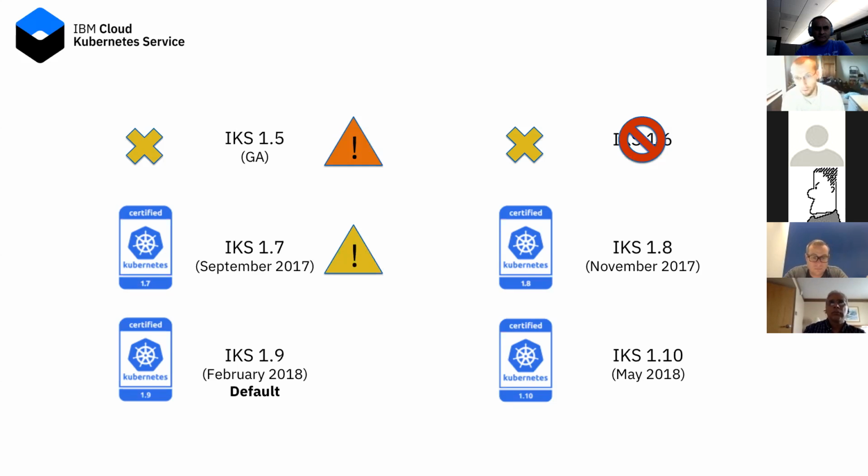I have a warning icon next to some of the releases. In particular, 1.5 is unsupported right now in our service, and the only supported path, if you have 1.5 clusters, is to upgrade them. And we do allow that. You can go to 1.7, but 1.7 also has the icon indicating that it is deprecated, and we just did that yesterday.